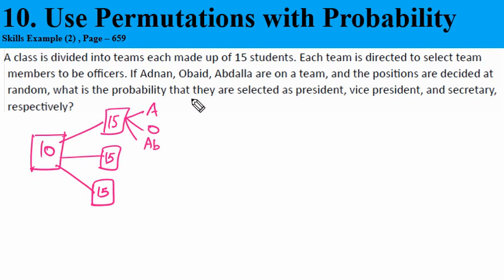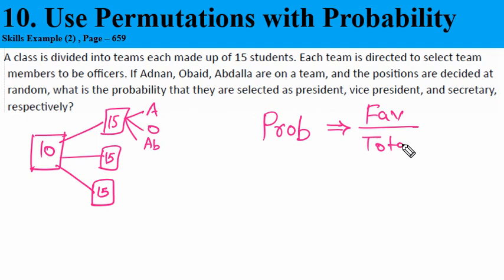Now what is the probability? So you need to find the probability. So what is the probability formula? The probability formula is favorable outcome divided by total outcome. So I'm writing it in short: probability equals favorable outcome divided by total outcome.